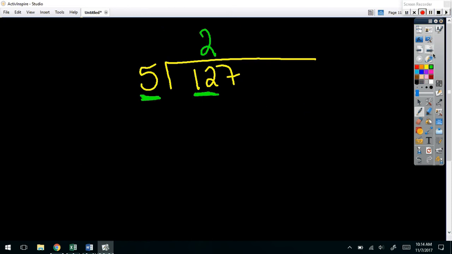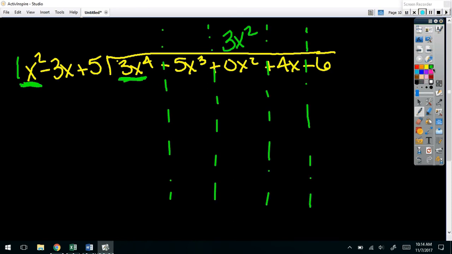All right, now look at this example. I'm telling you, the steps are exactly the same if you follow them through. What do you do here once you figure out the number that goes up top? You multiply it and write it here, right? Now watch carefully. I'm going to take this 3x squared and multiply it, but it has to multiply to everything.